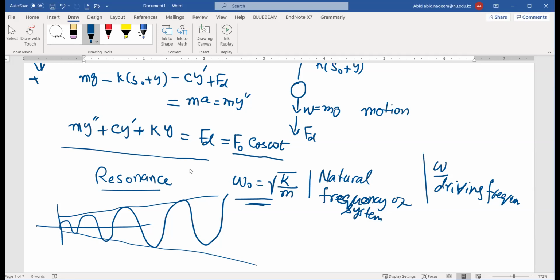This phenomenon we can observe when the frequency of the driving force matches the natural frequency of the system. Although there are some formulations given in the book, I don't recommend memorizing them. Just use the basic concept of these equations, and then we are good.